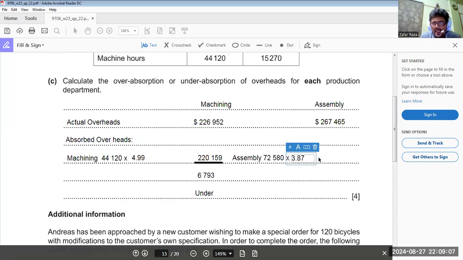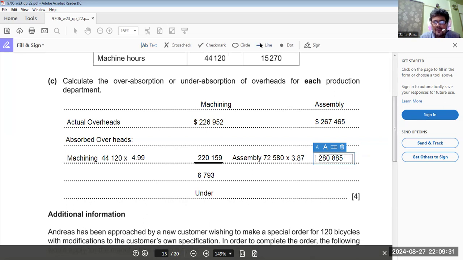So absorbed overhead is 72,580 multiplied by 3.87, which gives 280,885.